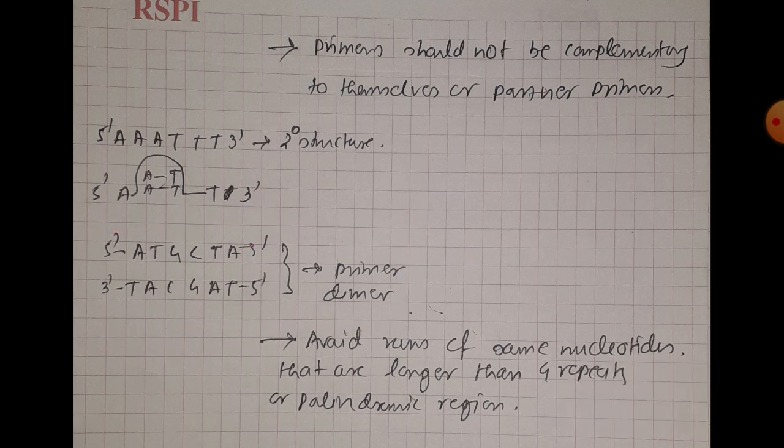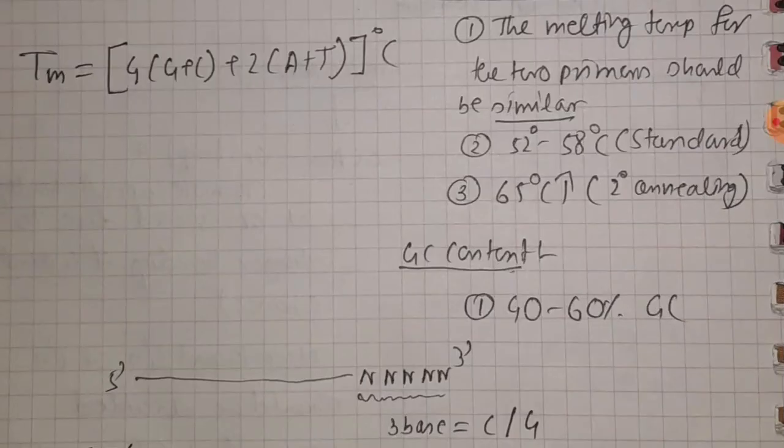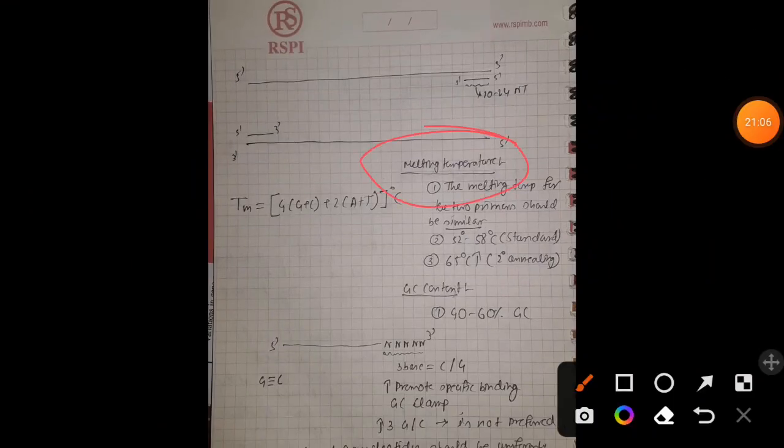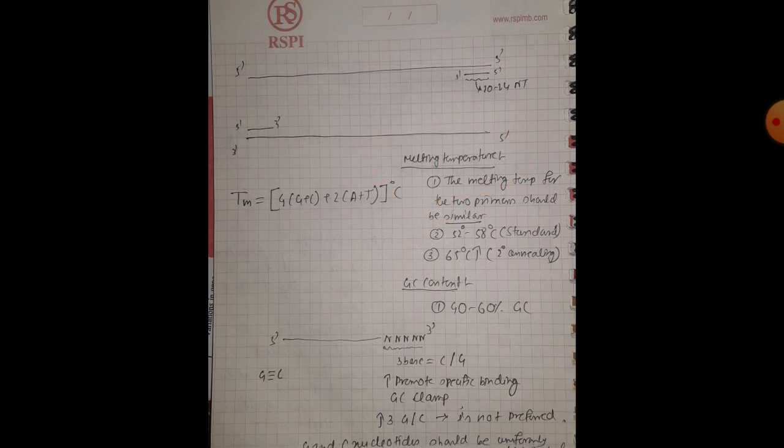Okay, so those are some important things that you should keep in your mind during the PCR primer designing. First of all, melting temperature, that should be 52 to 58 degrees centigrade. Length 20 to 24 nucleotide is preferred. Then please keep maximum 3 G or C at the 3' end.